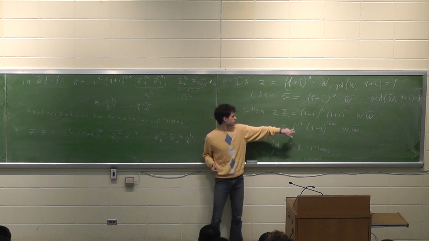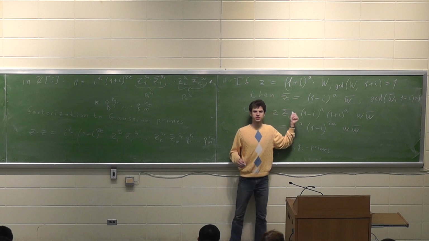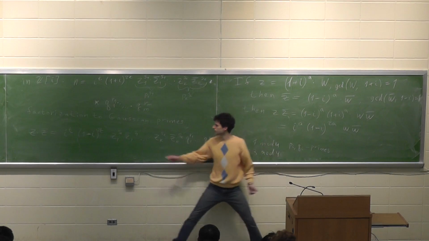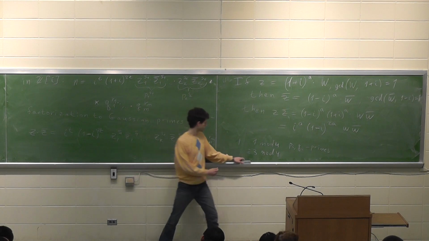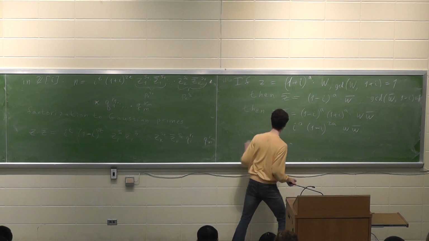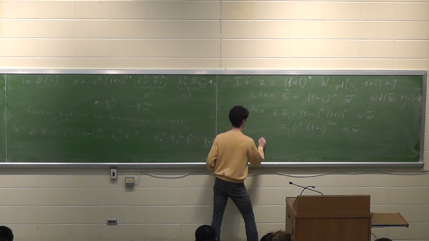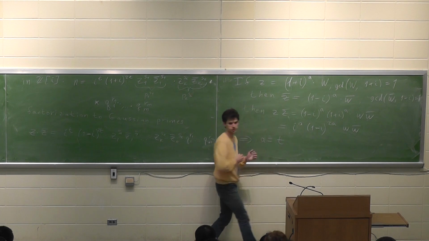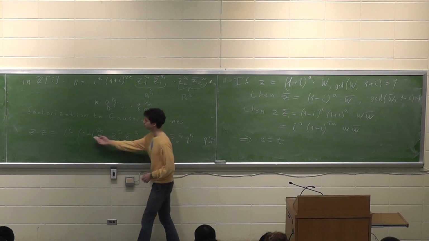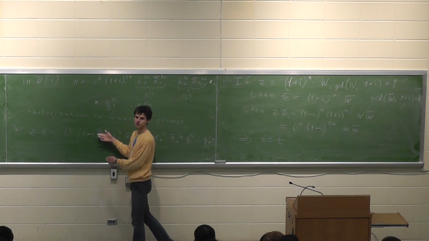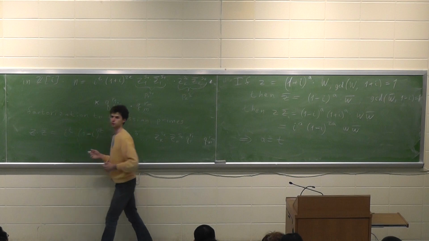You see that the power of 1 minus i that appears here is 2a. If I want this power to be equal to 2t, I must have a equal to t. So a must be equal to t. I must split this prime factor, (1 minus i) to the power 2t, in equal parts between z and z conjugate.